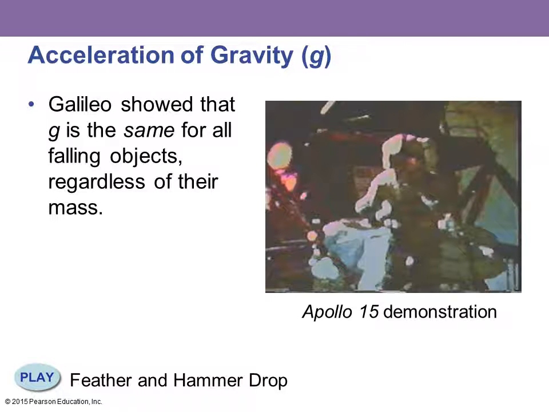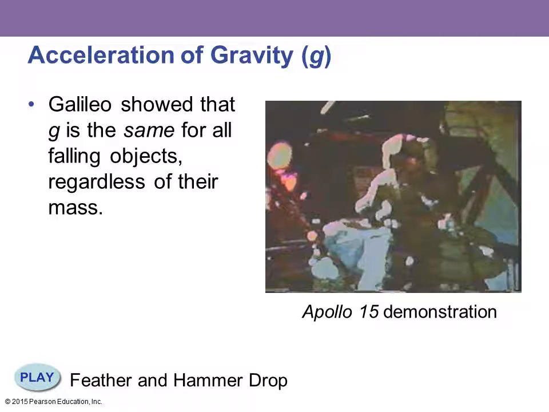Galileo was the first to show that the gravitational constant was the same for all falling objects, regardless of their mass. So you take a bowling ball and a feather, or something very different in terms of weight, and in the right conditions, you can see that they both fall at the same rate.